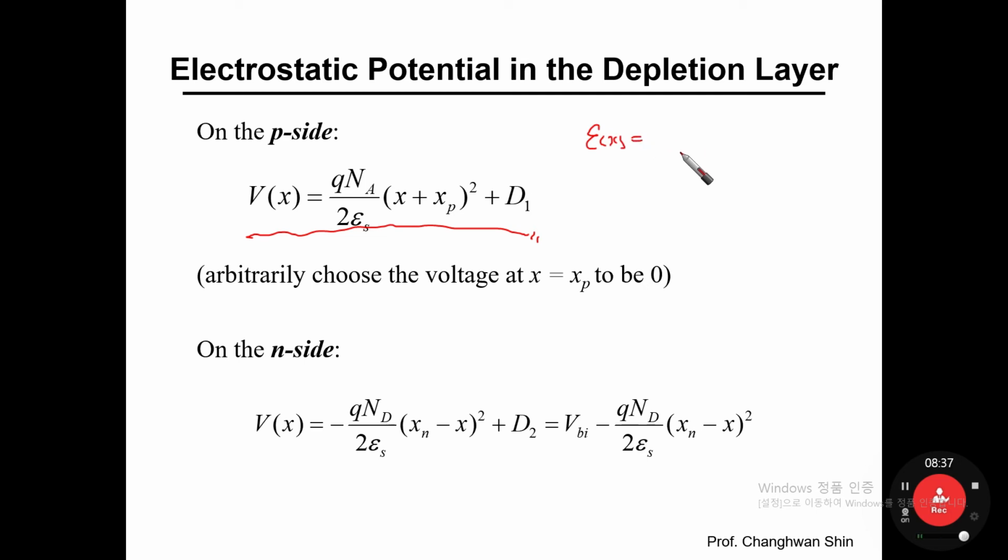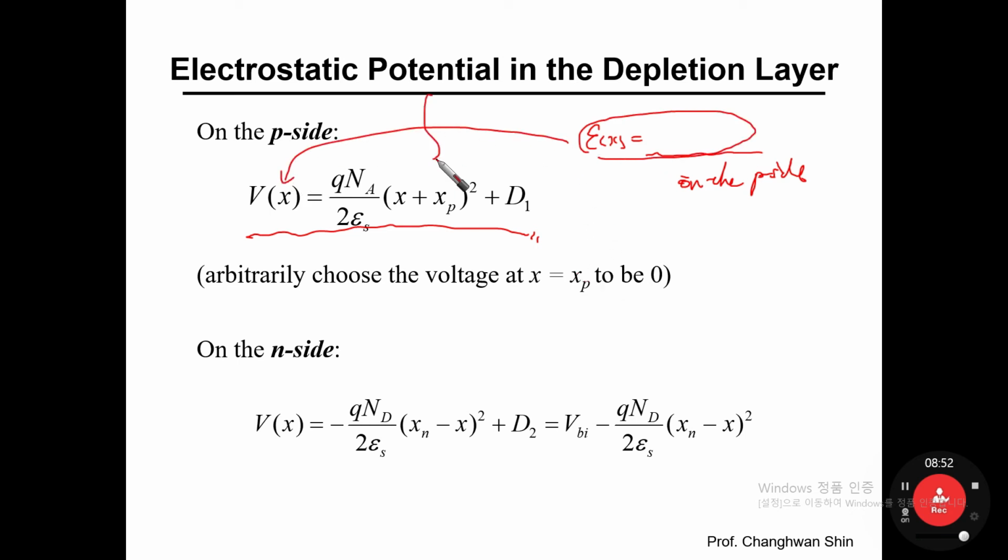We have derived and have completed the equation for electric field intensity on the P side, right? So using this equation, we can derive the potential. How? dV dx is minus electric field. So plug in the equation into the E, and by solving this first order differential equation, we can derive the potential as a function of x.